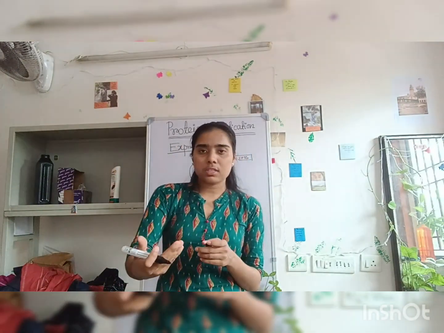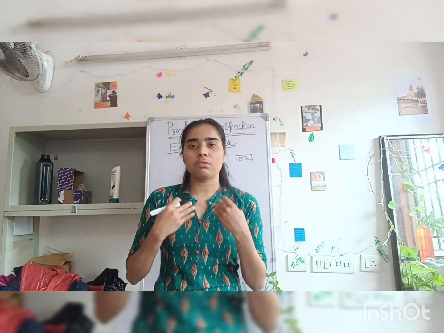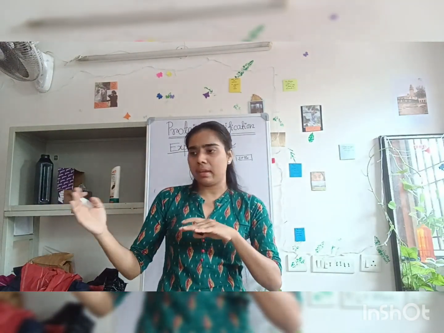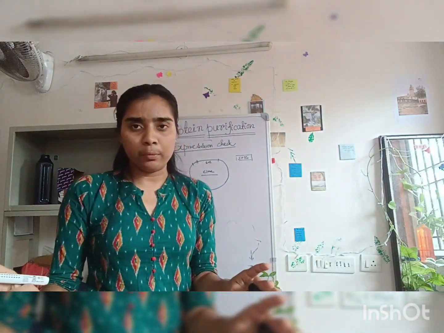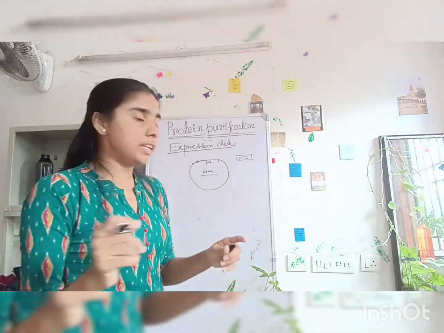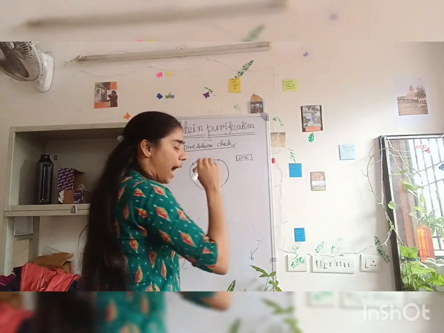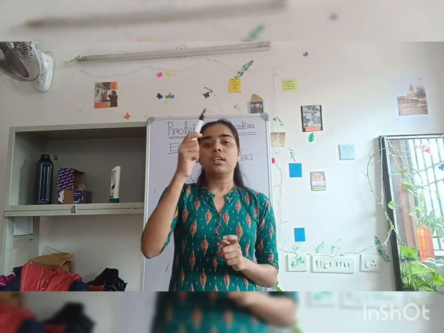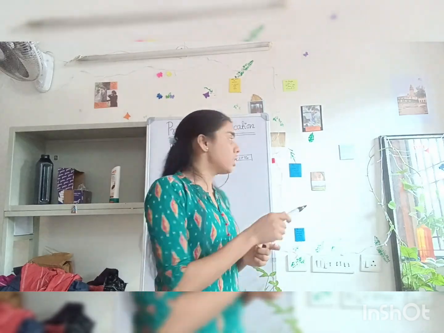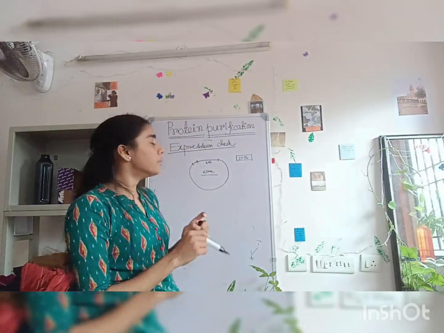If we give bacteria lactose directly, it will take it up and use it as an energy source, and lactose will no longer be in the media. But if we provide IPTG, the cell can use the same IPTG molecule from the media again and again, because it is not degradable, right?